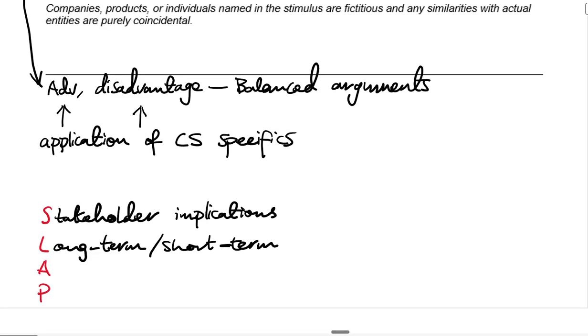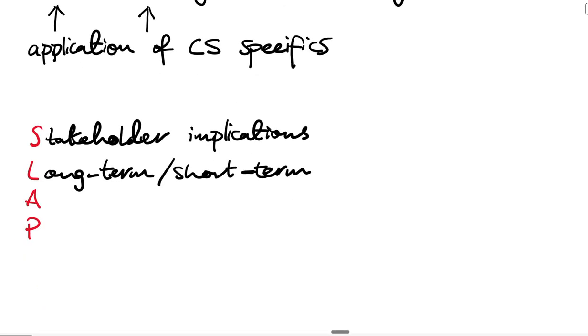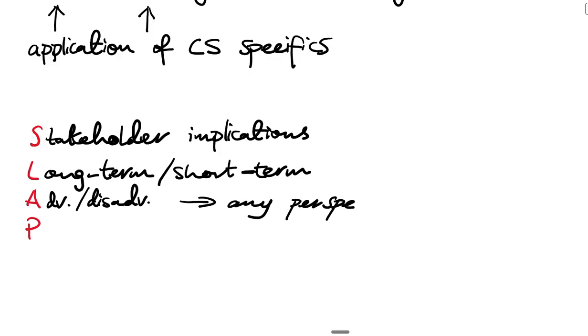You can say something like that because it increases long-term motivation of employees, which increases long-term productivity. And then A is advantages, disadvantages, right, which we just discussed. And then it should be from any perspective. So try to think of this case study from as many perspectives as you can.